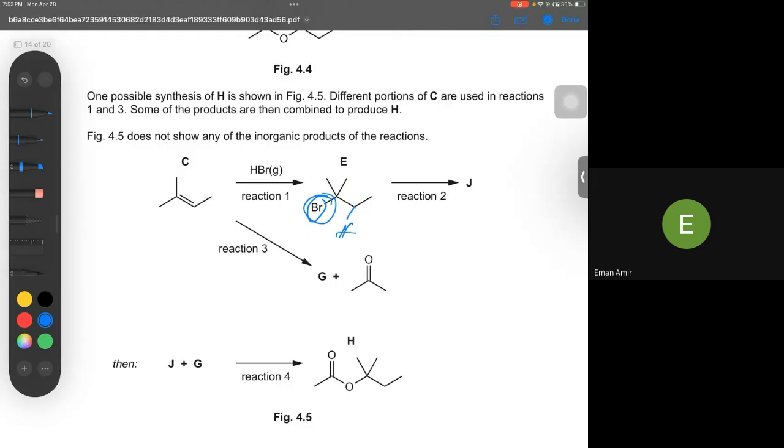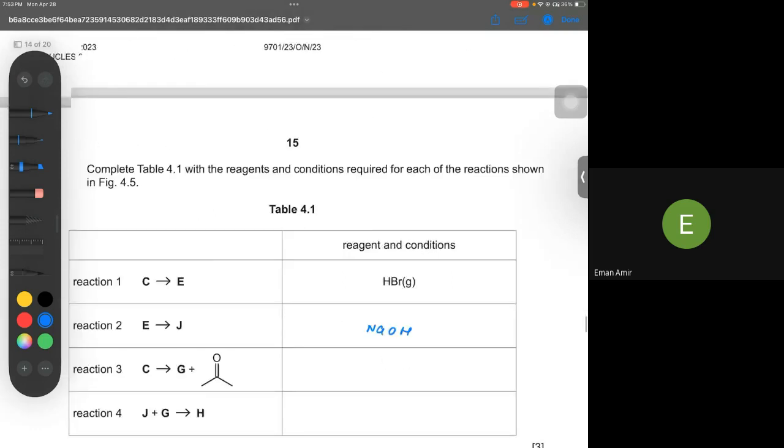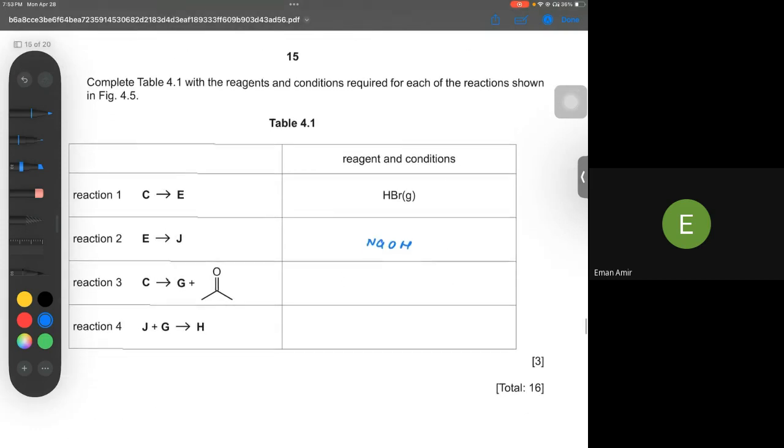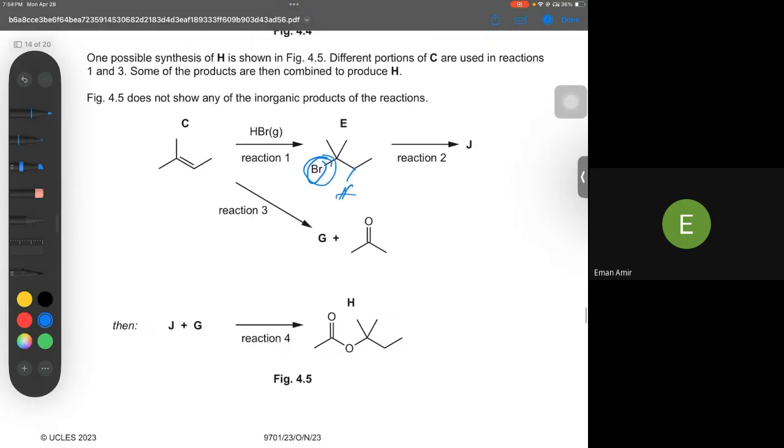Bromine would be replaced by NaOH. Okay. And then C gives G plus this one.